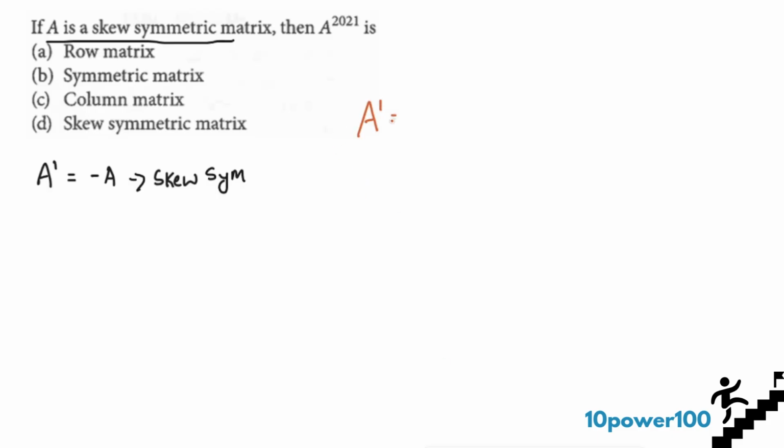Let us erase this. So only the second condition is important for us now: A transpose is equal to minus A. Now let's write that. Since A is a skew symmetric matrix, A dash is equal to minus A.